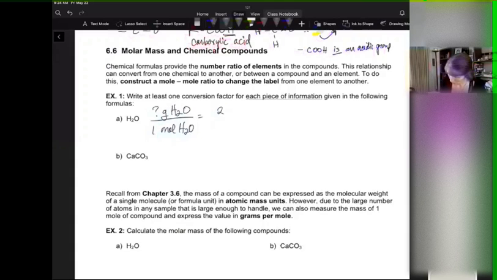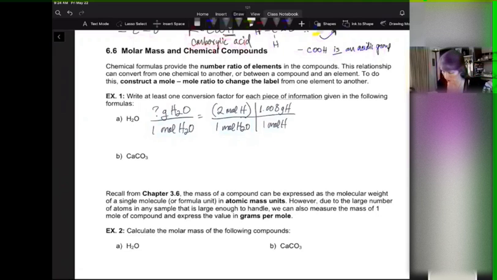So we have basically 2 moles of hydrogen in that compound per 1 mole of water. 1 mole of hydrogen has 1.008 grams of hydrogen. So there's that molar mass we were just talking about. Right? This is from the periodic table. And then this 2 is from this compound.